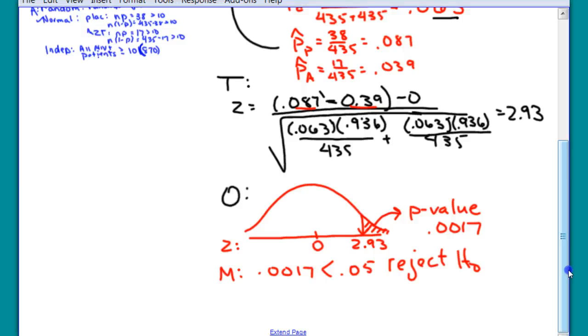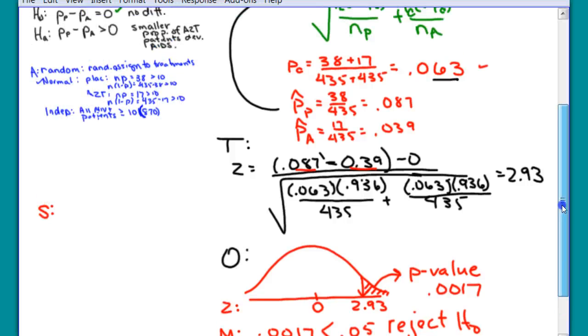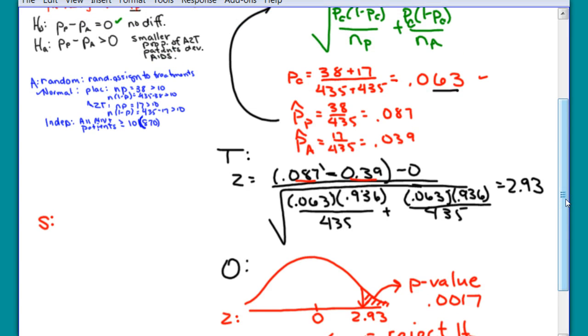Since we rejected H0, stating my conclusion in context, what does that mean? Go back up and look and see what H0 was. H0 was that there was no difference.